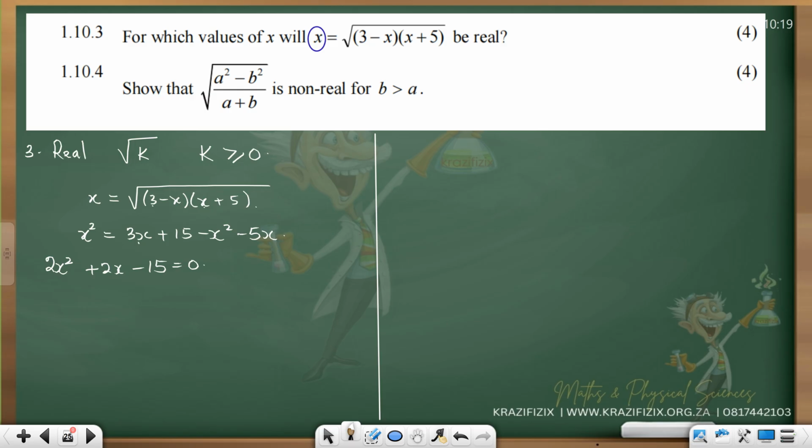For it to be real, no, okay, this would not give us an answer. I'll tell you why. Because once I say b squared minus 4ac, then, okay. So for it to be real, what?